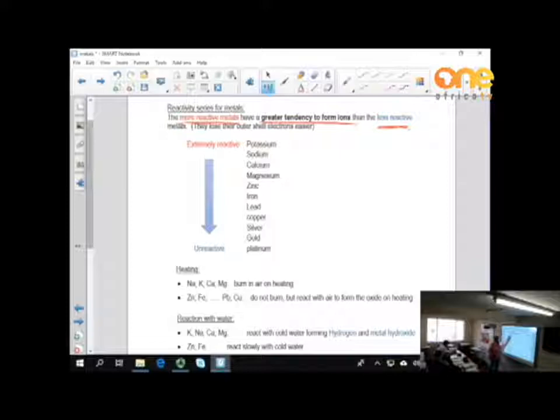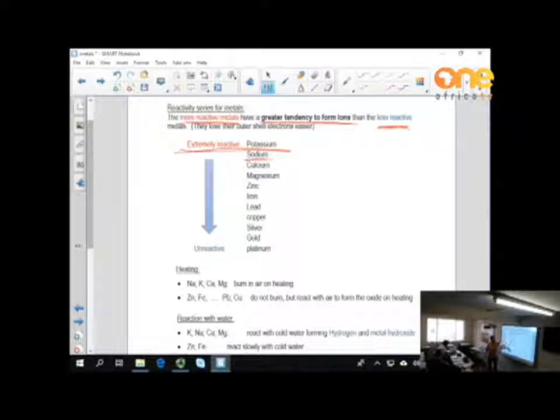So, for your purposes, you must know potassium is the most reactive. Very reactive. Sodium, similarly. Potassium is more reactive than sodium. Yeah, I've got it there. I thought I had it the other way around. So potassium, very reactive, then sodium.